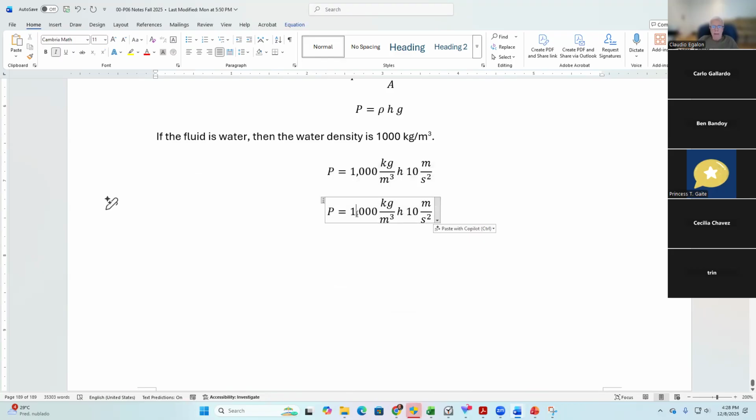I can write that as 10,000 kilograms. Meter here cancels out with this meter, and we end up with a second squared downstairs, canceling out. Yep, 10,000 kilograms times h. H is also in meters.